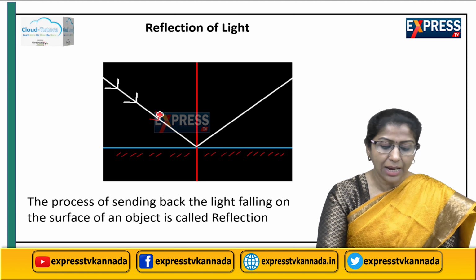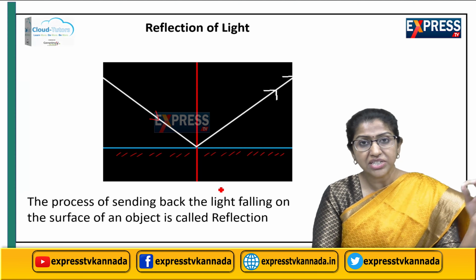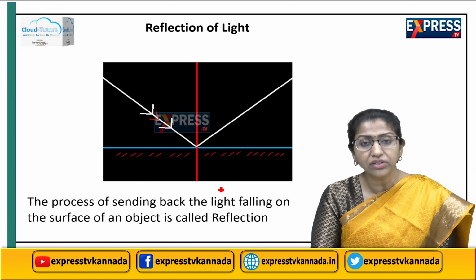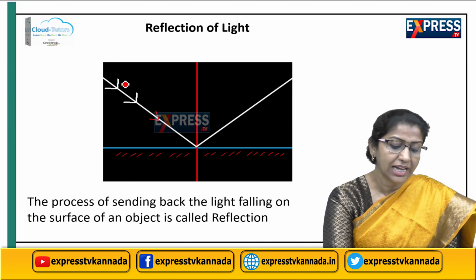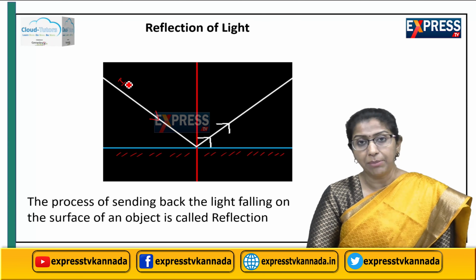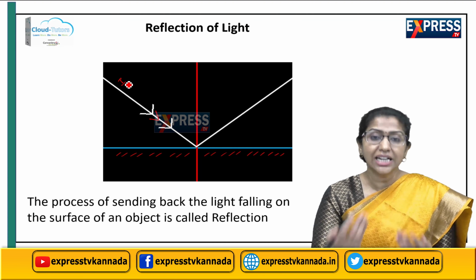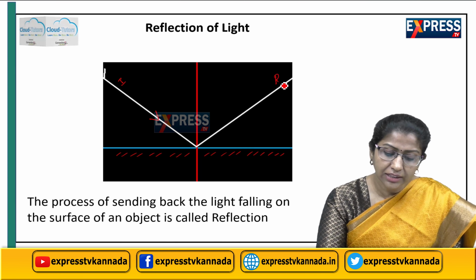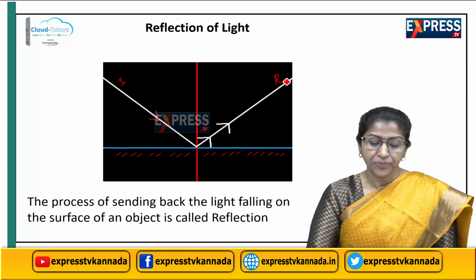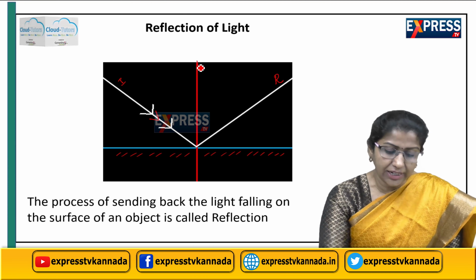So here, the ray which is falling onto the surface is called the incident ray, and we can denote it by capital I. And the ray which is getting sent back is obviously the reflected ray, and it can be denoted as capital R.